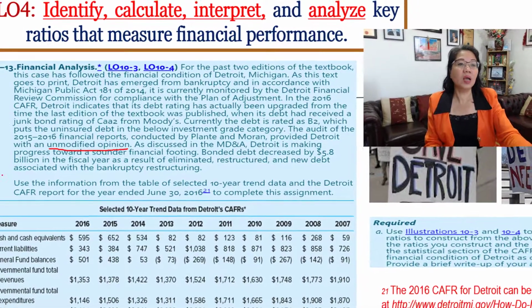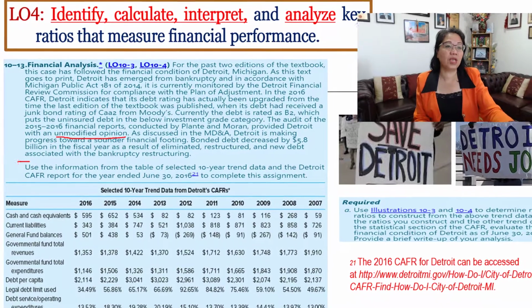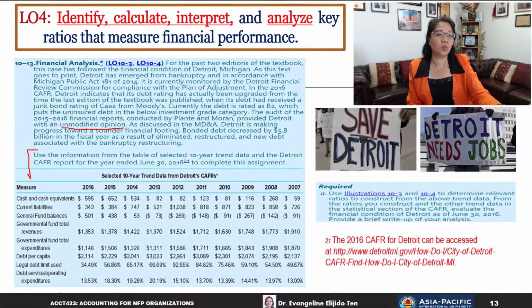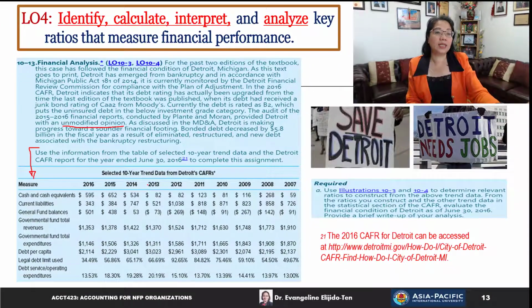We are asked to use the information from this table, where selected 10-year trend data from Detroit's CAFR are provided. We will not go to the 2016 CAFR. However, in responding to the requirements, we might have to refer to some specific disclosures in the CAFR.